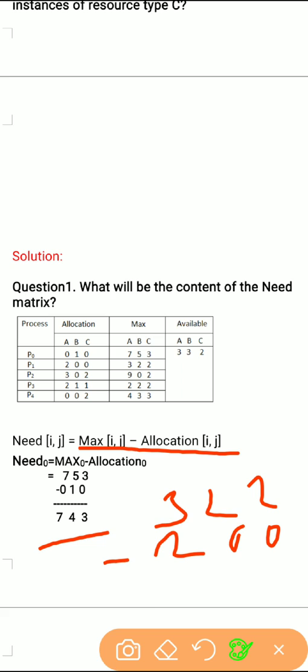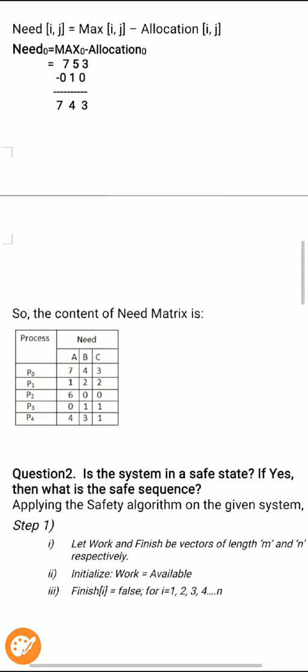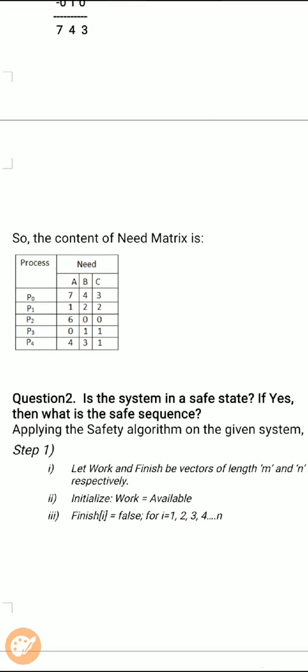So what will be the answer? From 3 if we subtract 2 will be 1. From 2 we subtract 0 will be 2. From 2 we subtract 0 will be 2. So similarly we found the need elements of all the processes.